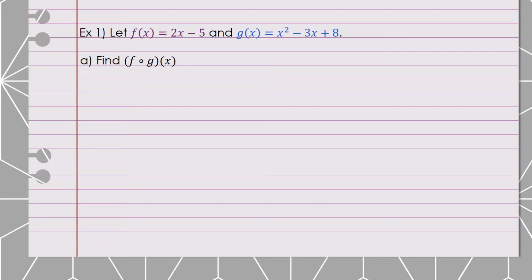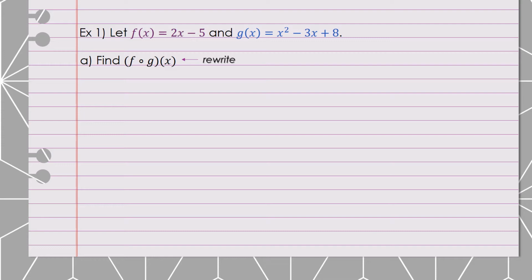Example 1. Let f of x equal 2x minus 5 and g of x equals x squared minus 3x plus 8. For A, it says find f composed of g of x. Well, anytime you see this written as a composition with a circle, your first step is to rewrite this.